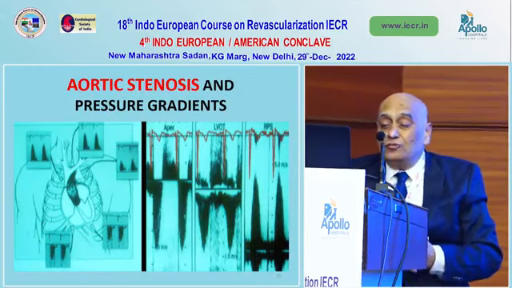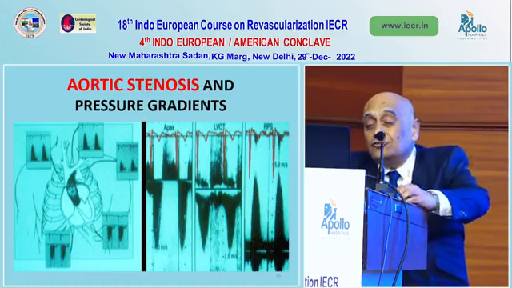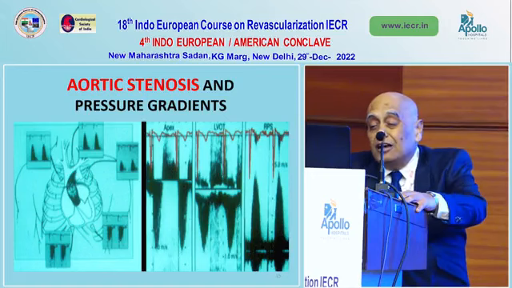Now you come to the aortic valve, and we begin with aortic stenosis. Generally, the aortic stenosis jet is eccentric, and the acoustic windows may also not be very good.